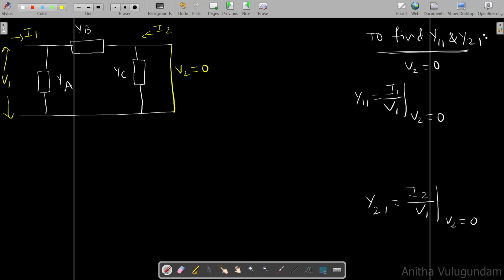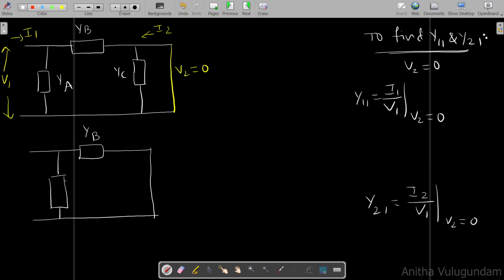So we can redraw this figure like this. This is how the circuit will become.